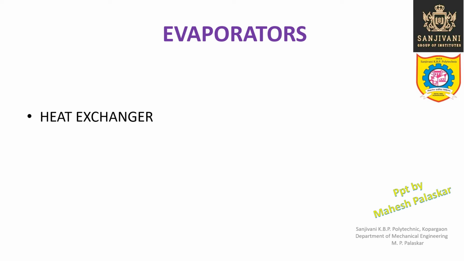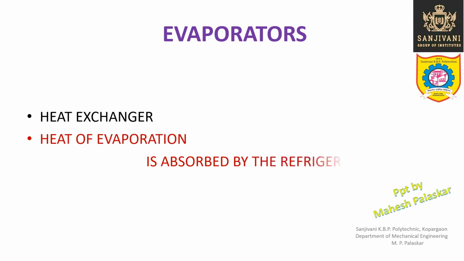And when the refrigerant absorbs the heat, the surrounding space will get cooled or refrigerated, and that is the main purpose of the various refrigerating machines. So the heat of evaporation is absorbed by the refrigerant.